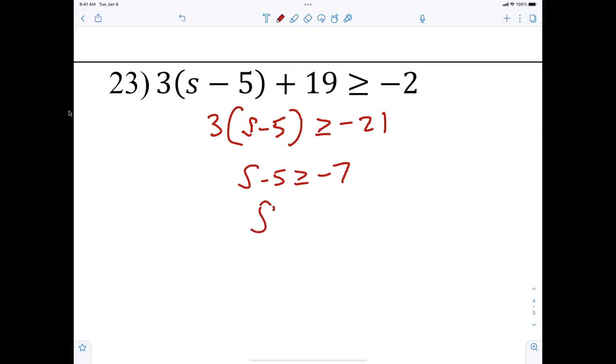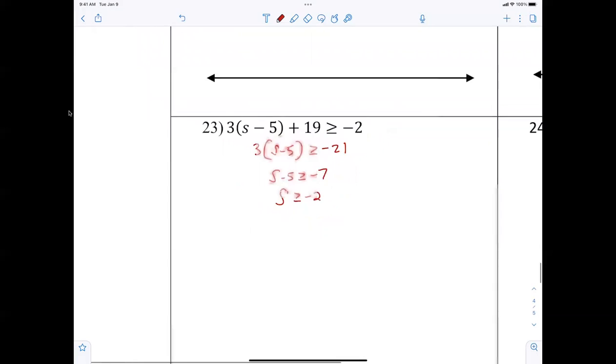So s is greater than or equal to -2. Anybody have any issues with that? Now, greater than or equal to is a solid dot at -2 going to the right. Easy, guys.